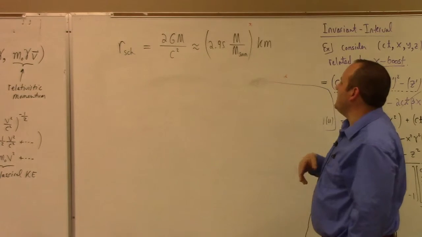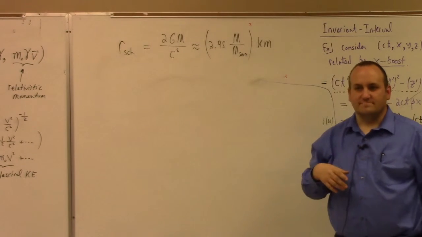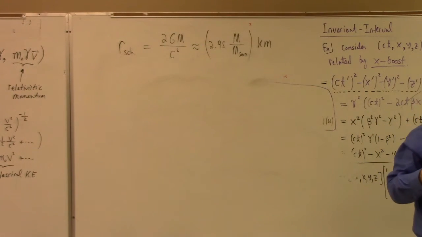I guess 2.95 kilometers. Which is kind of small, given the mass of the sun, right? That's really, really dense.